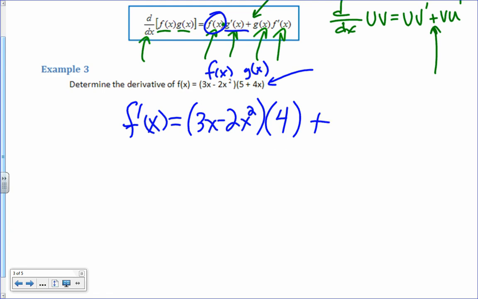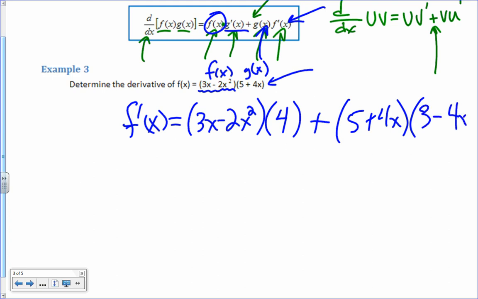Plus. So now we have to take and write down g of x, which is 5 plus 4x, and take it times the derivative of what we would say the first one, which is right here. And what is the derivative of that? Using the power rule is 3 minus 4x. Agreed? Okay. So now all we got to do is clean it up.